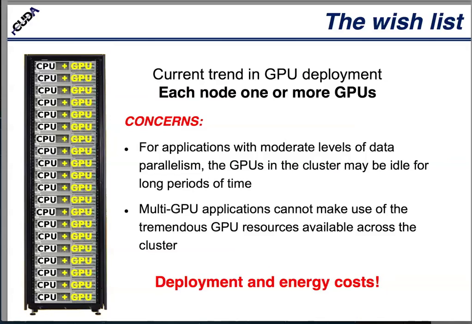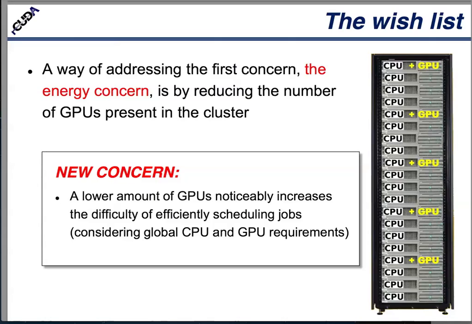With a cluster of this type, you have a high deployment and energy cost, because you have to buy GPUs for all the nodes, and you have to use enough energy to supply power to all the GPUs in the cluster. How can we reduce this? The first approach is don't put GPUs in all the nodes. Put GPUs only in some nodes in the cluster.